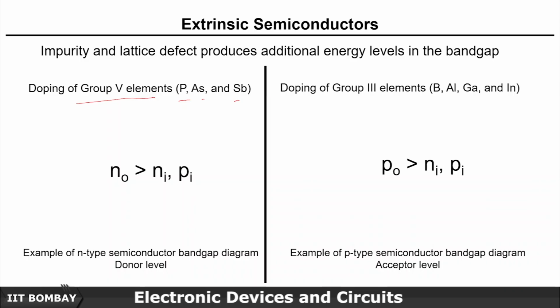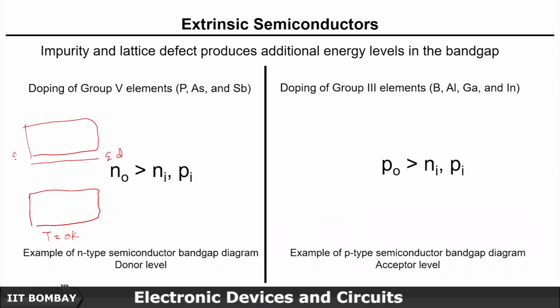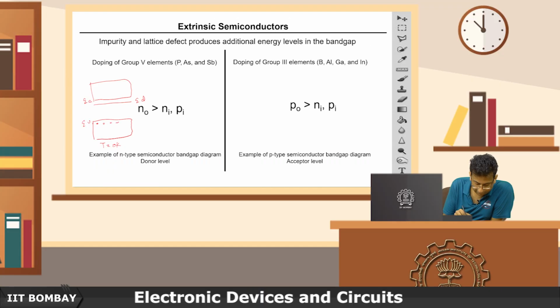Let me draw the energy band gap diagram. This is the case at temperature T equal to 0 Kelvin. We have the energy axis E, this is our conduction band, this is the valence band, full of electrons, and here are also some free electrons sitting because of the dopant atom.